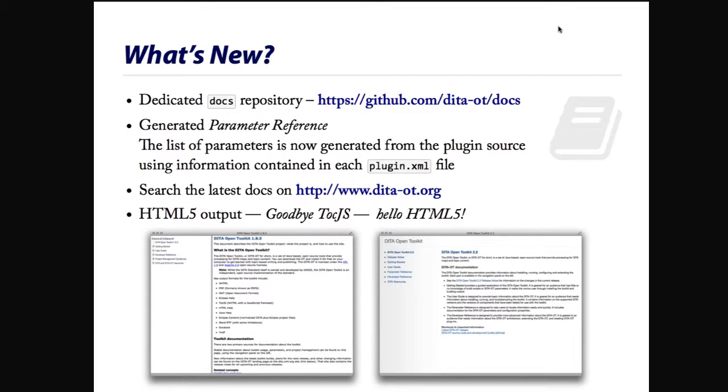So there's a build process that scans through the list of integrated plugins, reads the plugin XML file for each of those, reads the parameters that are included in that file, and compiles a list of topics for the documentation directly from there.